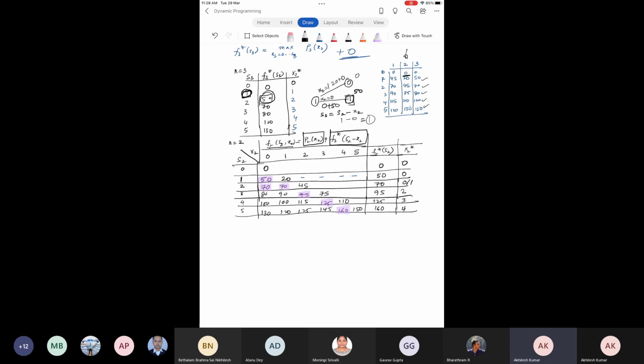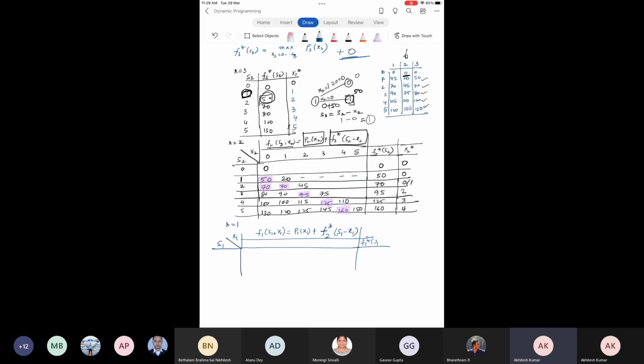Okay. Now the final one, n equals 1. That is S1, X1, F1. F1 of S1, X1 equals P1 of X1, the immediate contribution, plus thereafter F2 star of S1 minus X1.